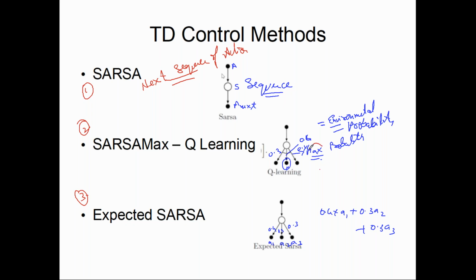In the second, we take the maximum probability. In the third, we take a summation of probabilities.